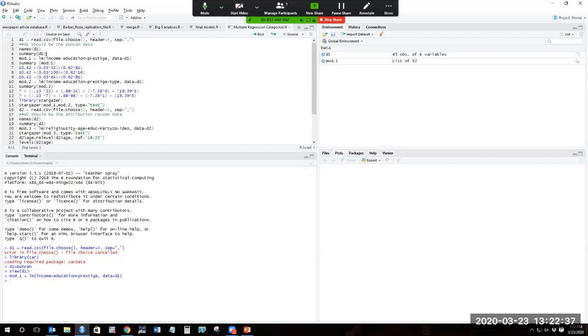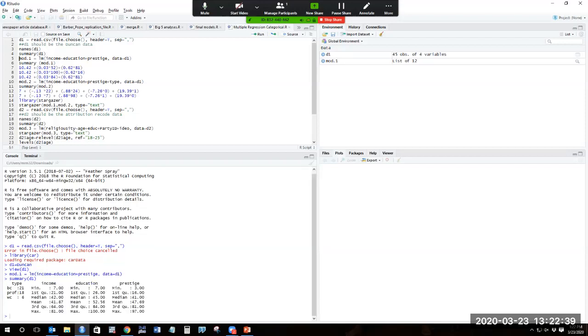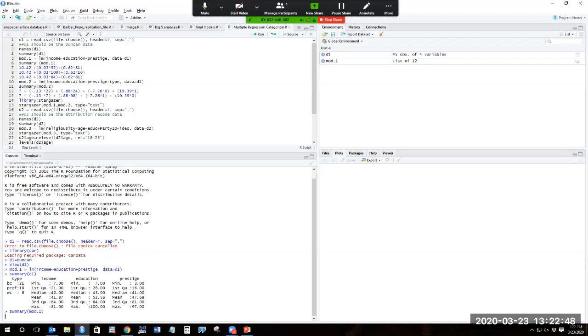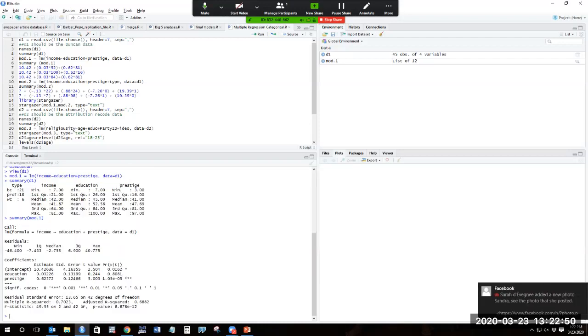And then I look for the summary of mod.1, and I get this output. So here's my intercept estimate, here's my education estimate, and here's my slope for prestige.